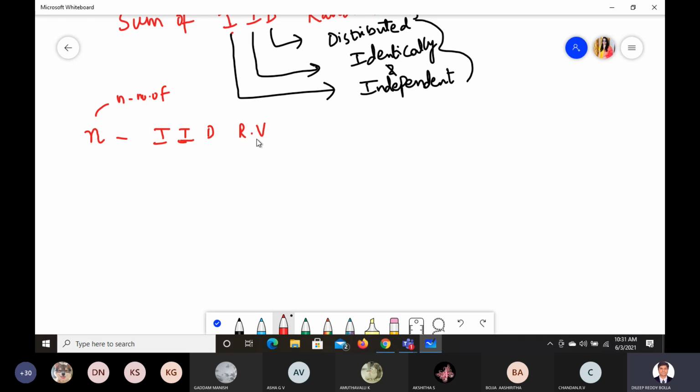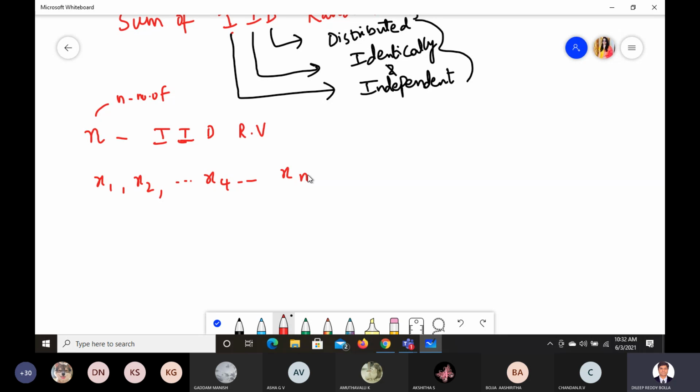RV stands for random variables. In that case, if n is like that, then what can we write? We can have a random variable x1, random variable x2, and so on up to x power n. So n is finite; it can be 100, it can be 20, it can be 40, whatever.